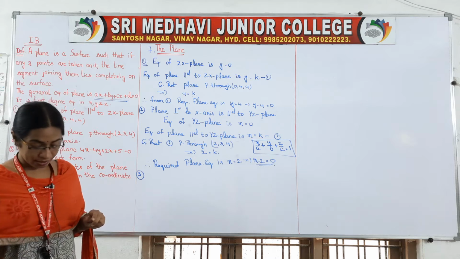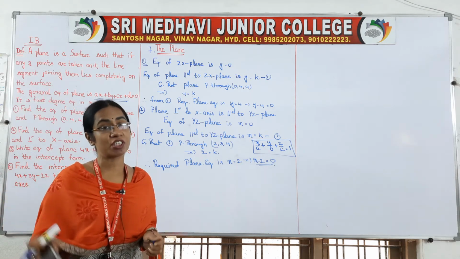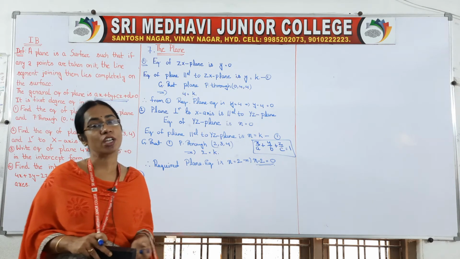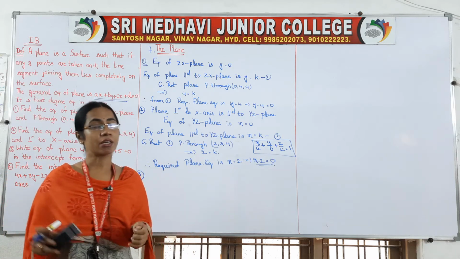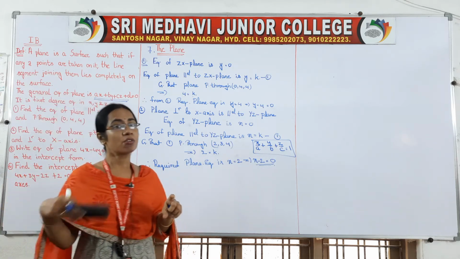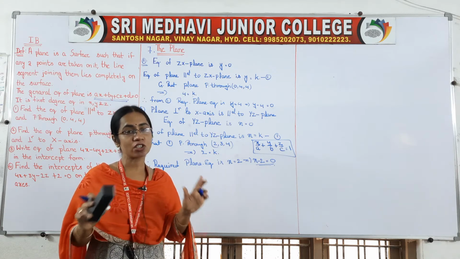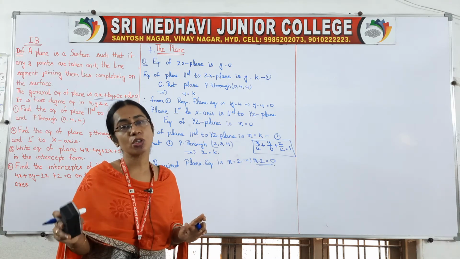Just like in our straight lines we reduce the line equation into intercept form and normal form, we are doing the same thing here. According to the given equation we will know which form it is. At the end, the general form will be ax + by + cz + d = 0.